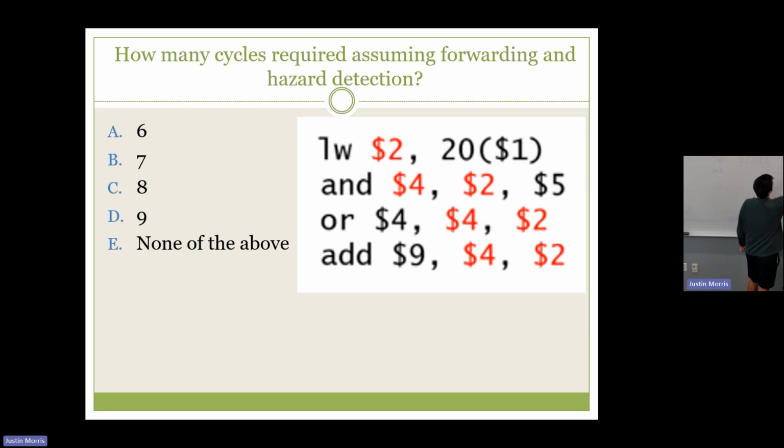So to solve that, in the fourth cycle, load word proceeds to memory. I redo decode. We indicate that it's a stall with a bubble. What does this one do? Fetch. And it is also a stall, right?